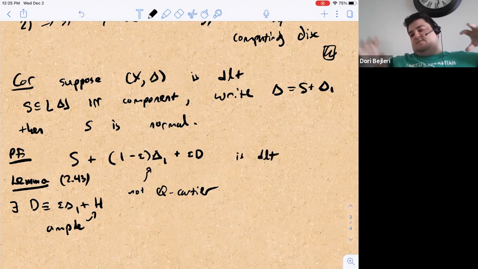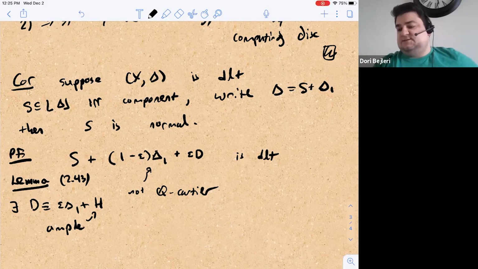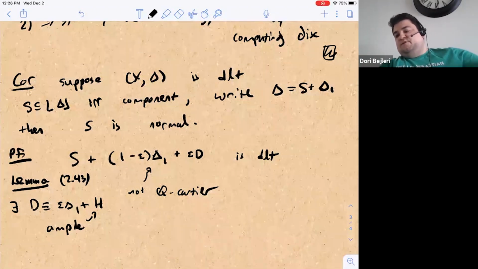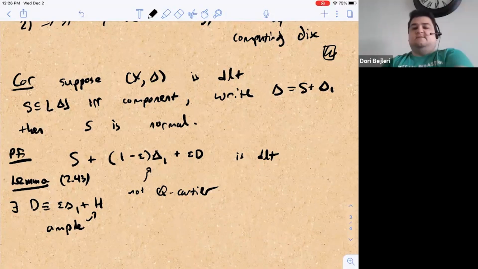So basically we move around epsilon delta 1 using an ample, and now because we've added back this, this pair is Q-Cartier because it's equivalent to S plus delta 1 plus epsilon of our ample. So we're adding an ample, everything's Q-Cartier. But we've perturbed it a little bit so that we've moved some of the delta 1 piece into the D, and now everything has small coefficient because this D has coefficient epsilon.